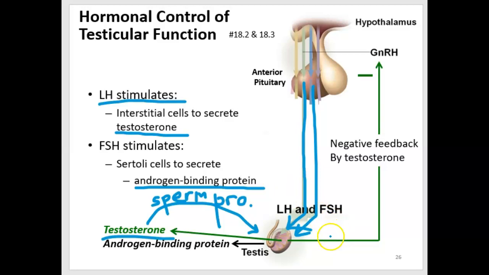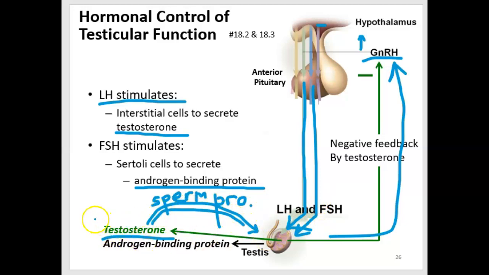Now, testosterone's able to regulate its own blood level through a negative feedback mechanism. So testosterone circulating throughout the systemic circulation is monitored by the hypothalamus, and if it gets too high, it'll shut down production of GnRH, which will usually shut down production of testosterone, but not androgen binding protein, so that sperm production will continue.